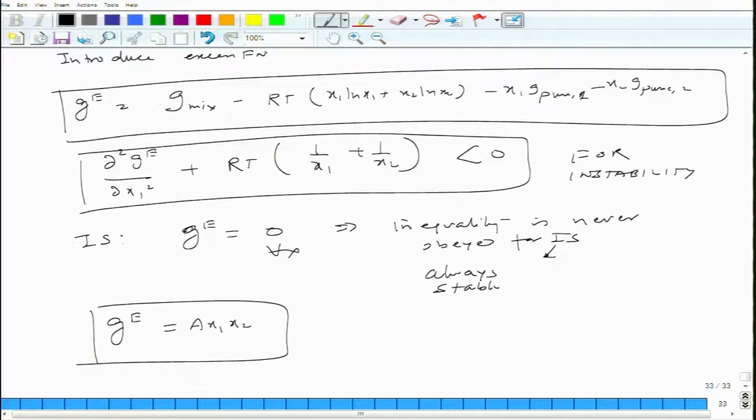So we can plug in here, we can take the second derivative, at constant T and P, and this is going to be, in terms of x1, A x1 (1 minus x1), minus 2A. Now minus 2A plus RT, this term should be less than 0. Then this will give us a condition on A.